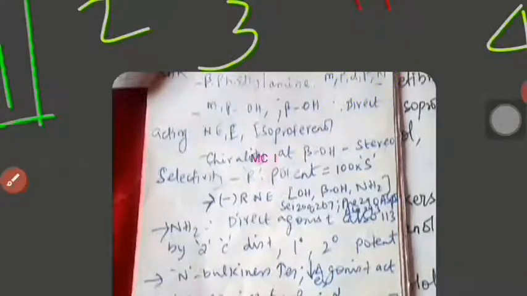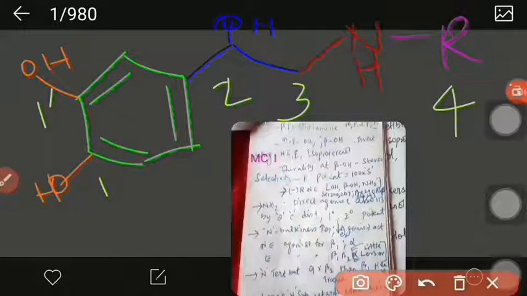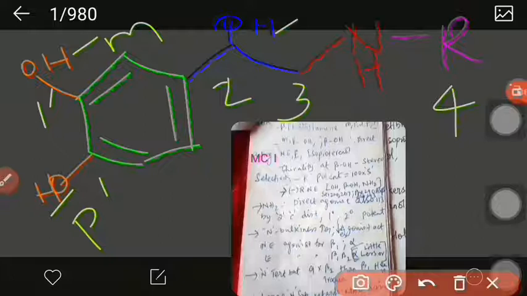So, in other words, meta, para hydroxy, beta hydroxy and nitrogen substitution. This is mentioned here: this is the beta hydroxy, and this is the phenyl group's hydroxy position, meta hydroxy, this is para hydroxy and this is beta hydroxy.